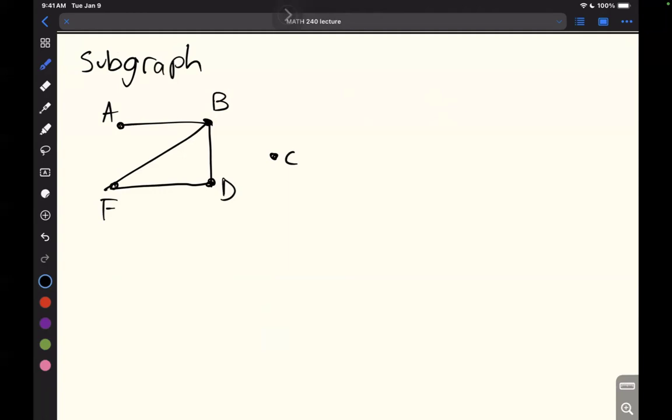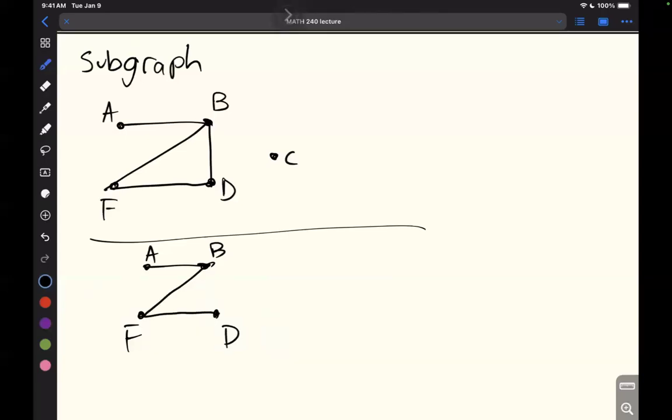So I'm going to call this a subgraph. And this means I've got the freedom to pick and choose what I want to be included. So I could choose, for example, A, B, that's called F, that's D. So this is a subgraph of my original graph.